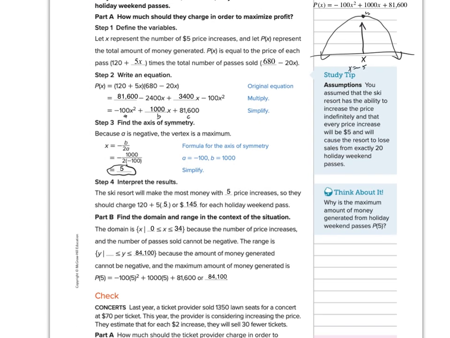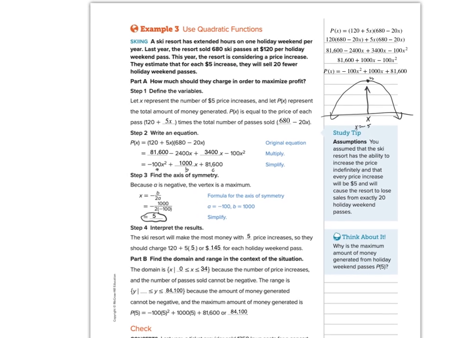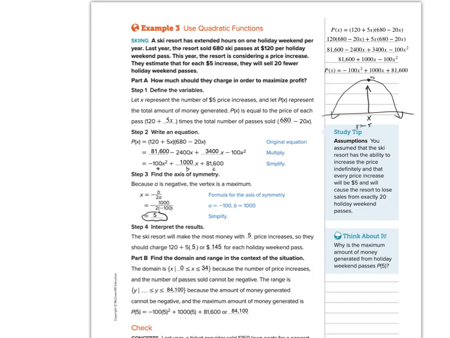So now if they plug that value in here, and they look at their maximum, it says a ski resort will make the most money with 5 price increases. So they should charge $120 plus 5 times 5, or $145 for each holiday weekend pass.